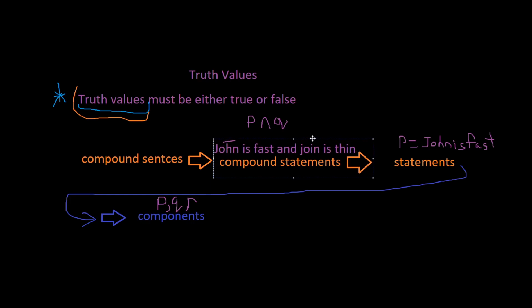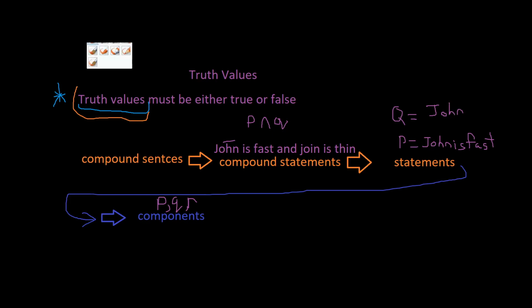I'm going to put it right here. There you go. And so now I want to define Q over there, just so you don't get confused. And so we got two statements. P, John is fast, and I put join instead of John. I just saw that. And so I'm going to erase it. That gives you some time to think about this and why it makes sense.